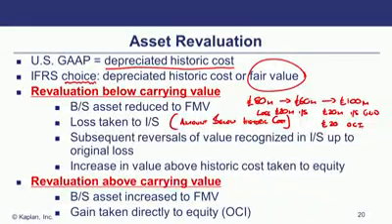So when reversing revaluation losses, you can only reverse the loss that has gone through the income statement through the income statement. Any additional amounts get taken direct to other comprehensive income, a component of stockholders' equity.